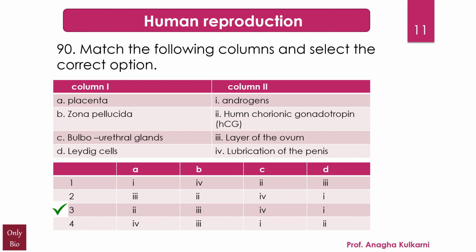Now, the option B, zona pellucida. This is a specialized extracellular matrix surrounding the developing oocyte, that is the ovum, within each follicle within the ovary. And this is thought to be formed by secretions from the oocyte and the follicular granulosa cells.